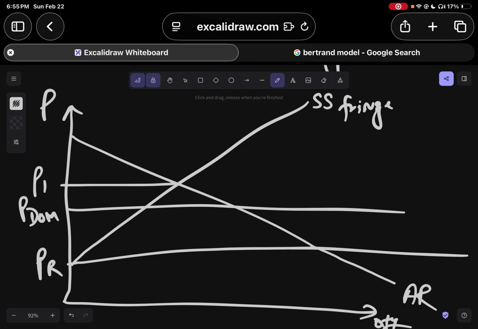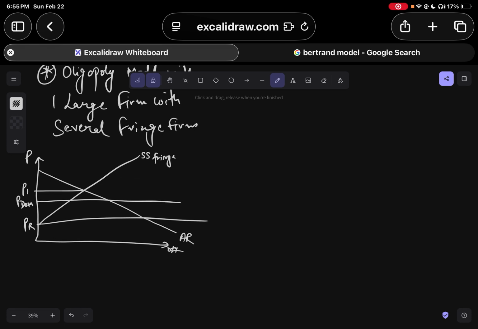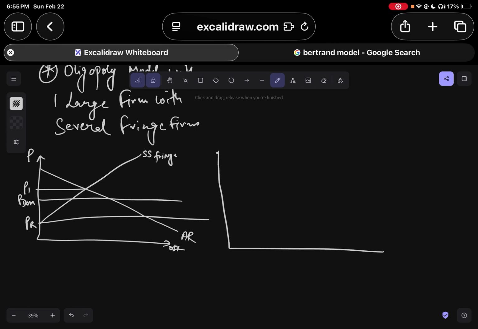Now in the second panel, we will draw it like this. So P1 will be as it is in the second panel. This is, let's say, AR dominant.